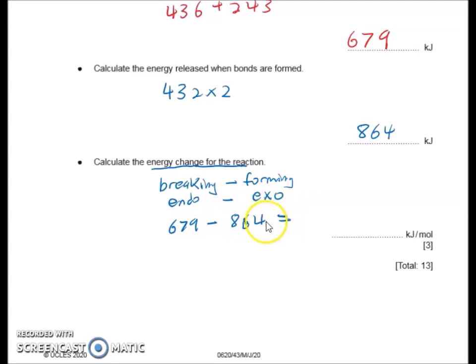You'll be getting a negative value. When I calculate, I am getting negative 185 kilojoules per mole. This negative shows that this reaction is exothermic. So you have a total of 13 marks for question number 3.